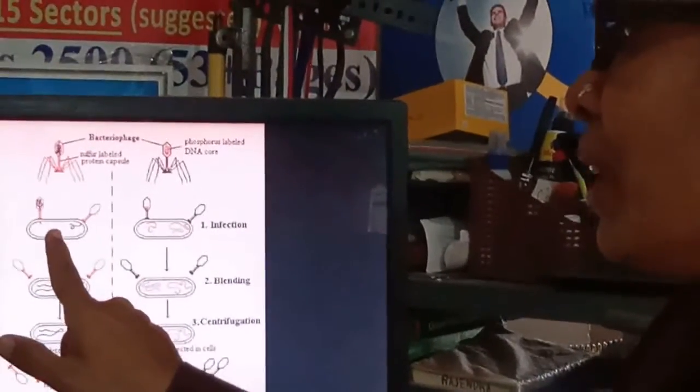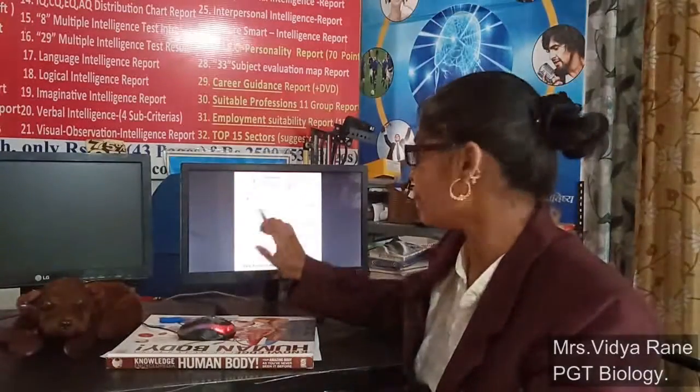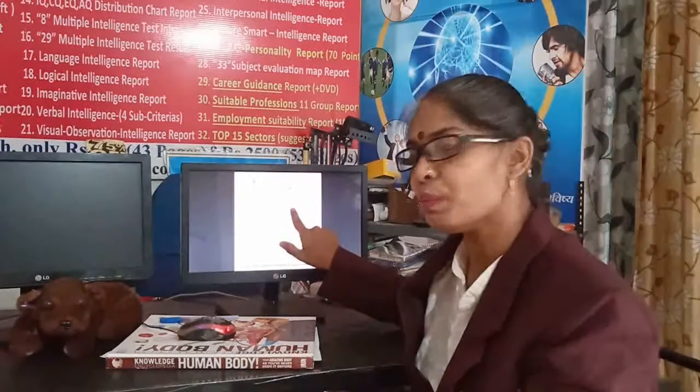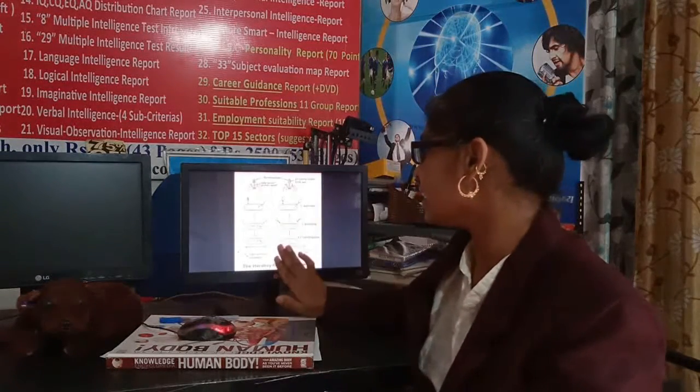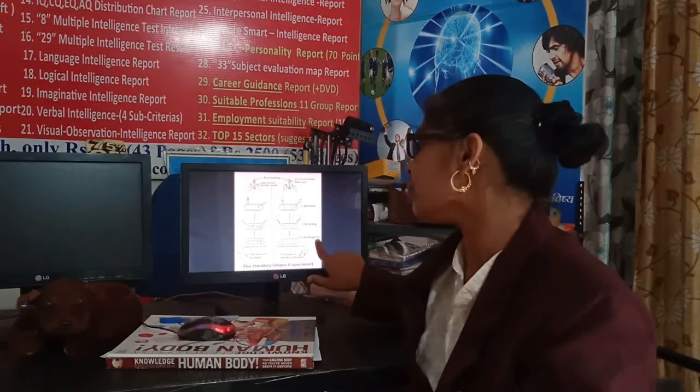Here you can clearly see that the genetic material has entered the bacterial cell and the coat has separated. Here also the genetic material has entered the bacterial cell and this coat is separated during the blending.